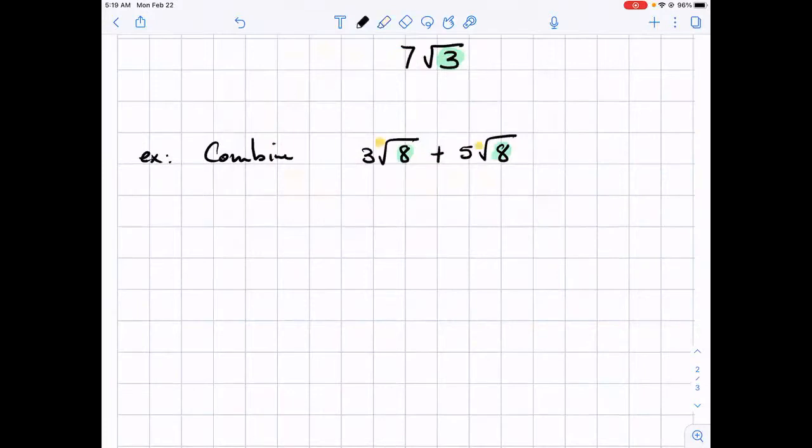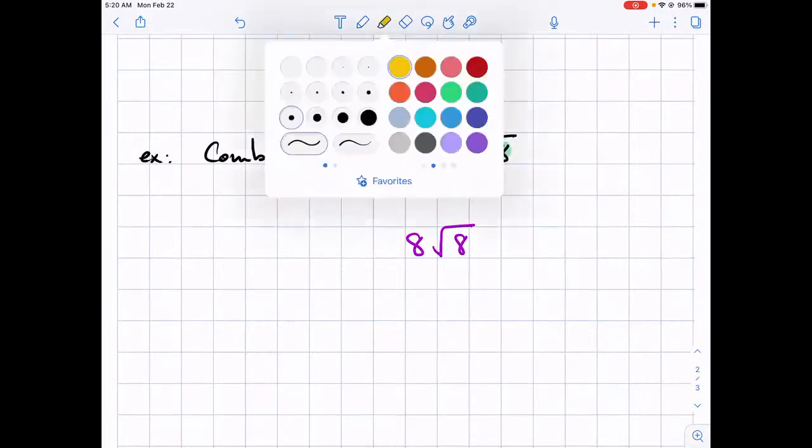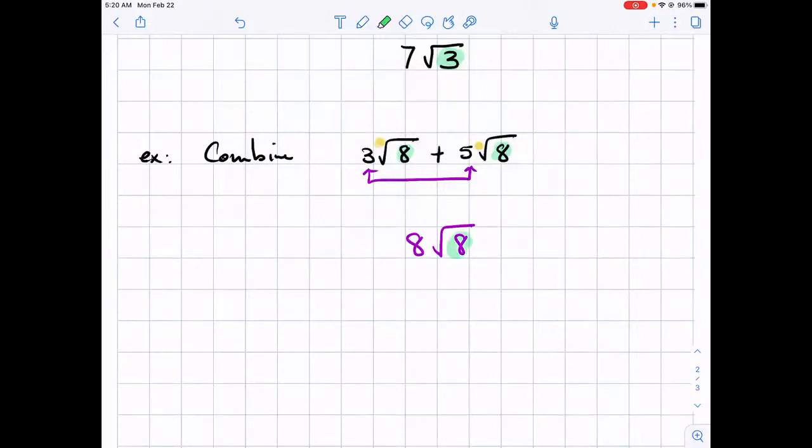They're both square roots. So we can just go ahead and add the coefficients. So 5 plus 3 becomes 8 radical 8. But pay attention now. Radical 8 can be simplified. So you want to make sure you pay attention. This radical can be simplified.